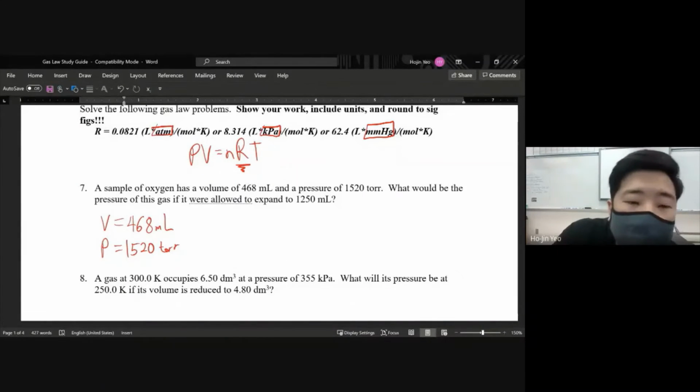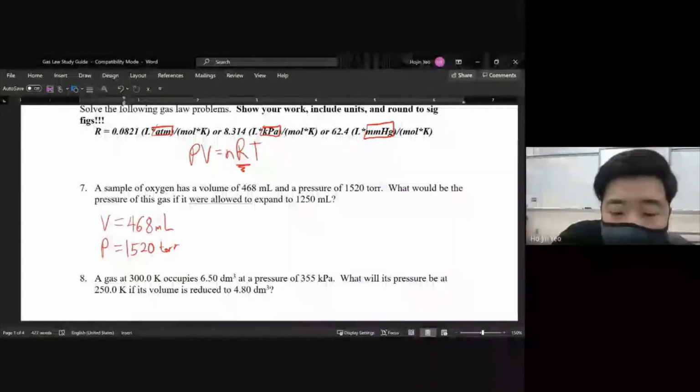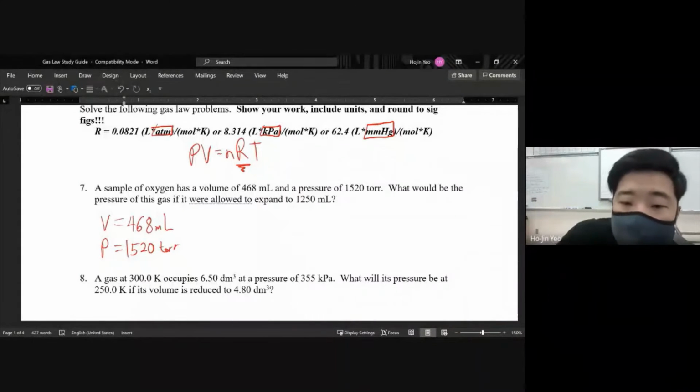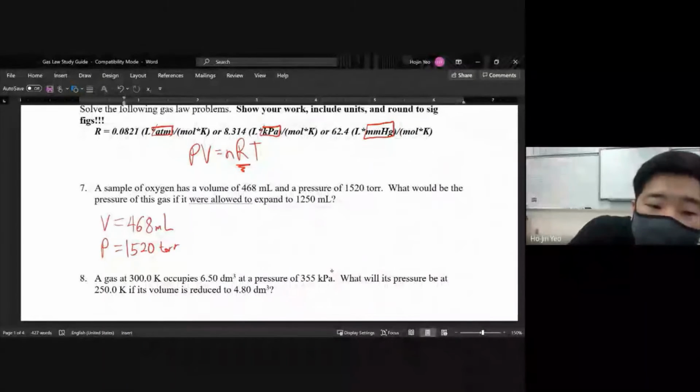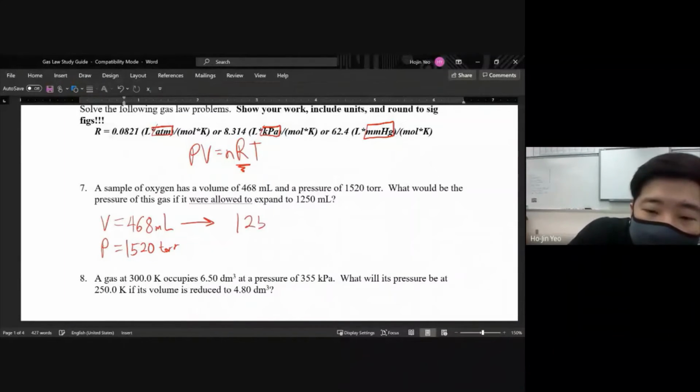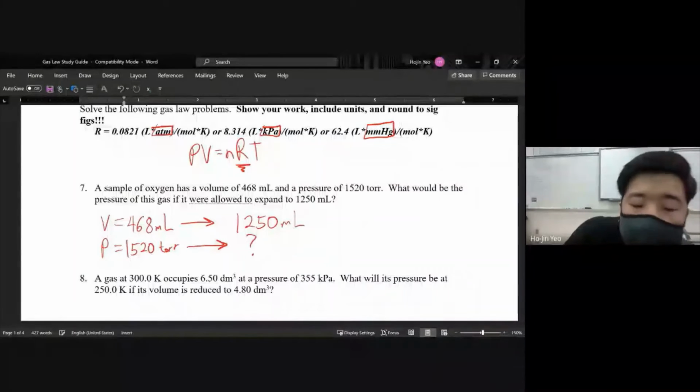And then it says, what would be the pressure of this gas if it were allowed to expand to 1250 milliliters? So we're changing from 468 to 1250 milliliters. Then what would happen to the pressure?